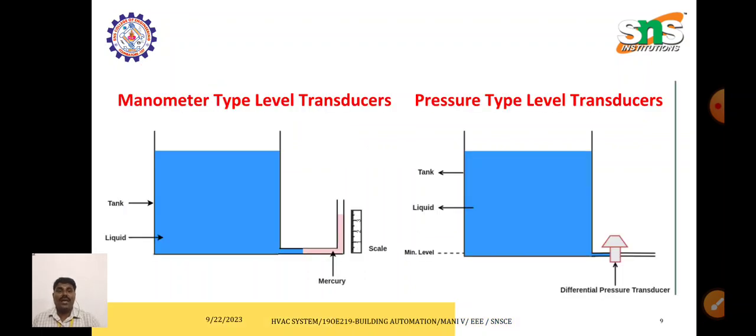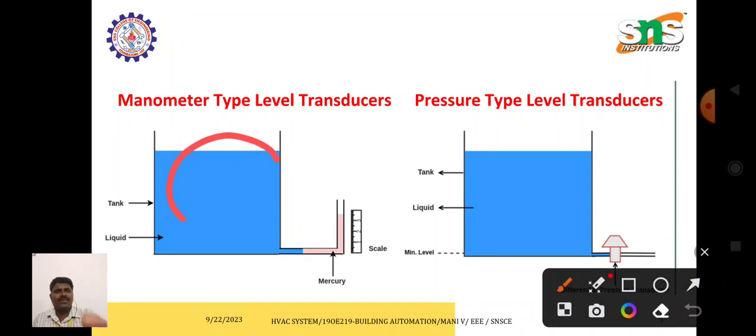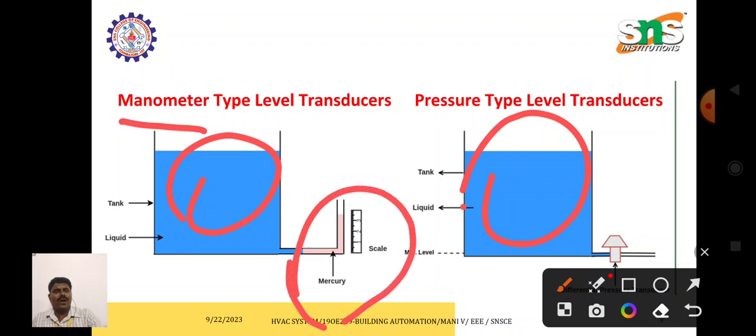And the next one, the manometer type level sensor and the pressure type level sensor. Here these are the tanks. If it is a manometer, we use mercury at the bottom of the tank, and based on the level of fluid, the mercury indicates the reading.